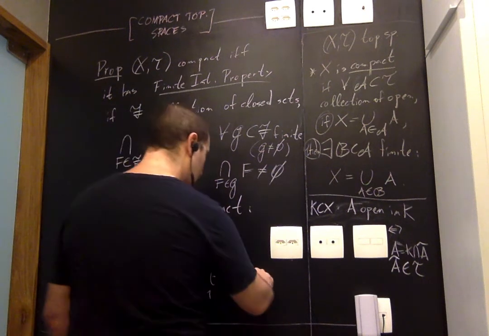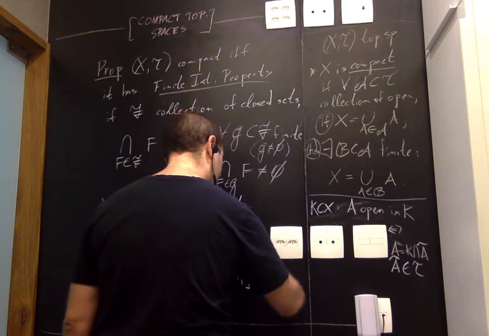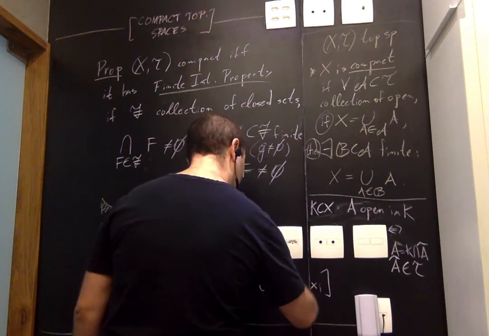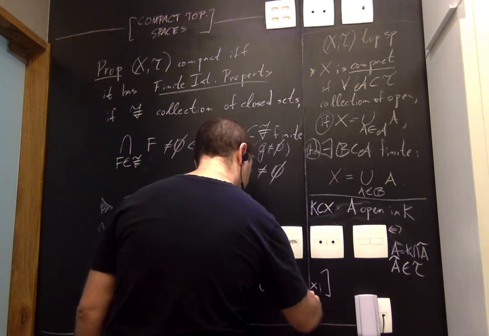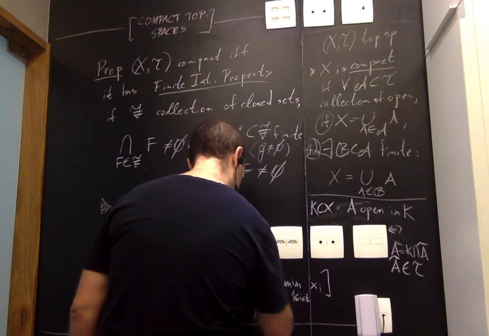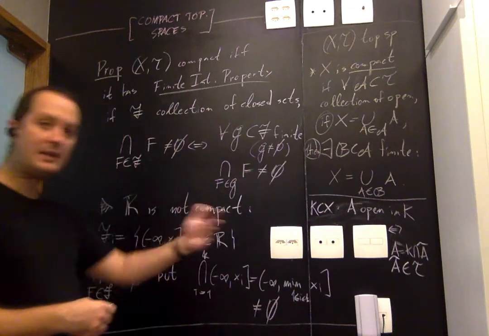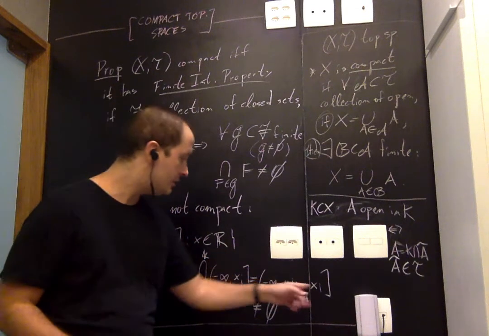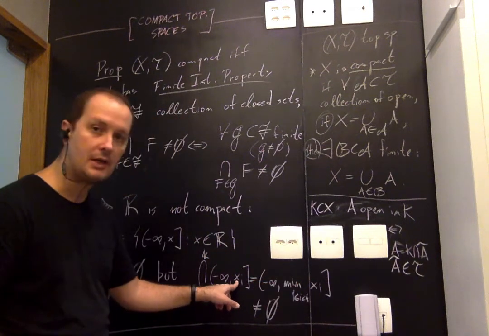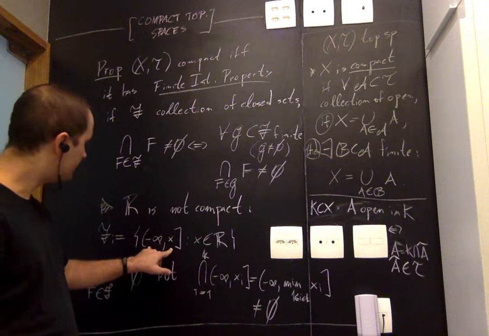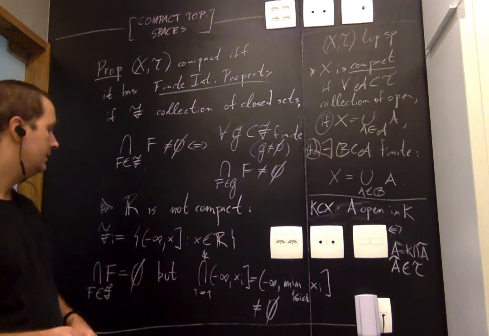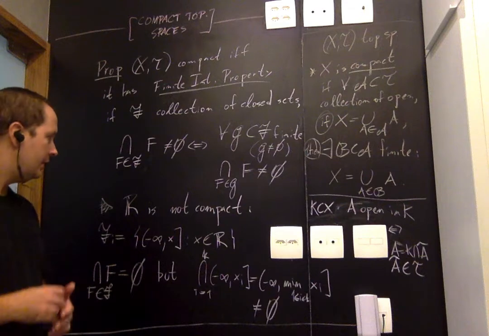So when I take these intersections, just think a little bit about it, and I have another interval of the same form, where the left extreme is still minus infinity. The right extreme is just the minimum value amongst these x sub i. So any finite intersection of these intervals is going to be non-empty for this reason. This is going to be useful later.